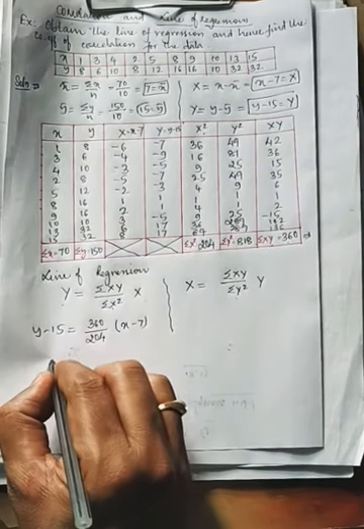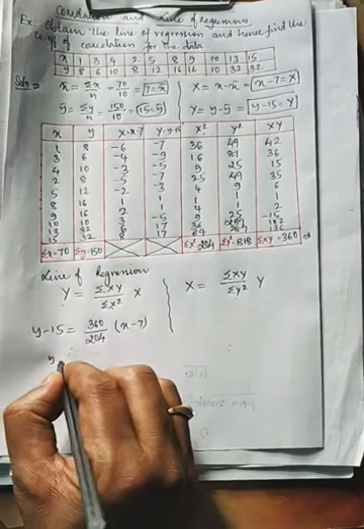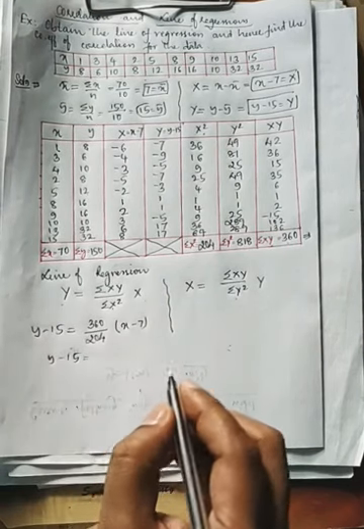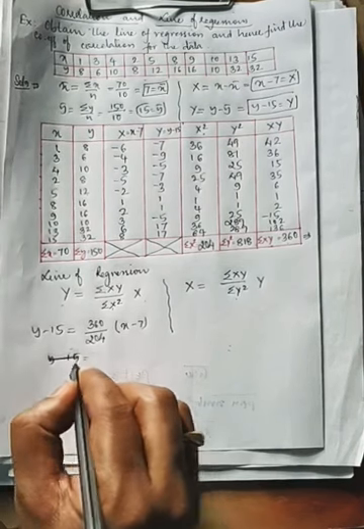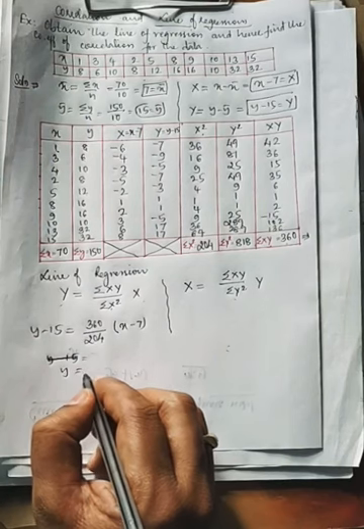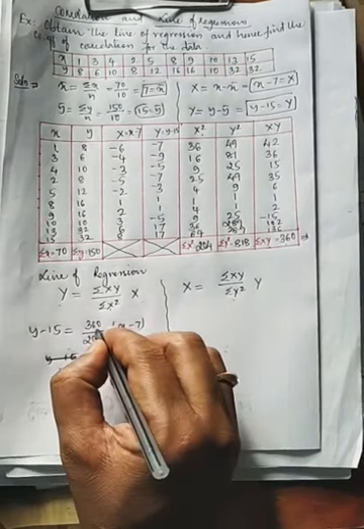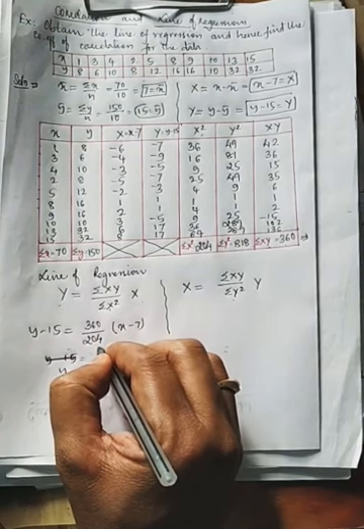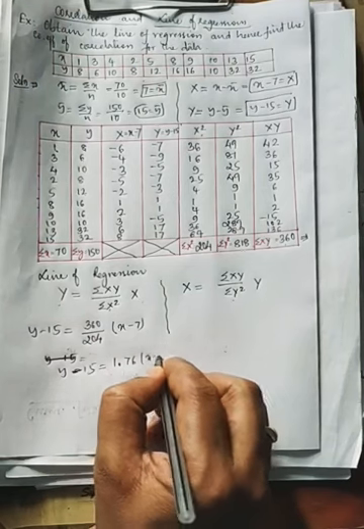Therefore, if we calculate this, we will be getting y minus 15 is equal to 360 divided by 204, which will be 1.76 into x minus 7.